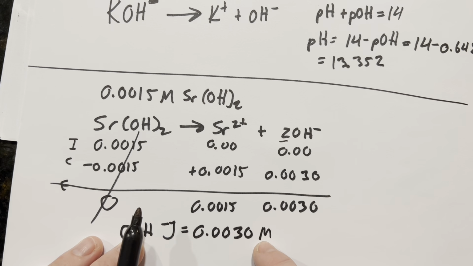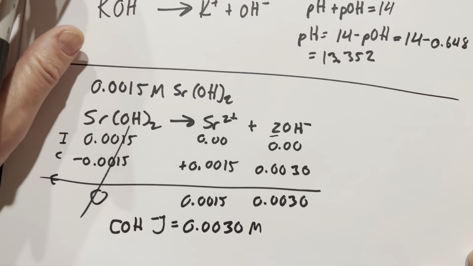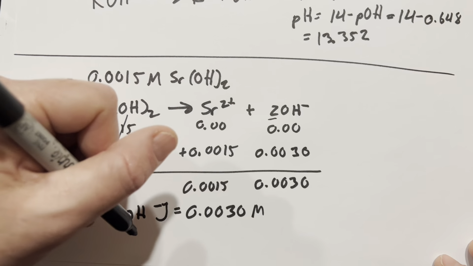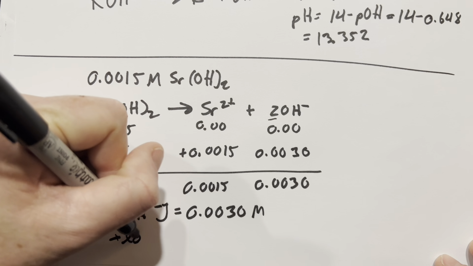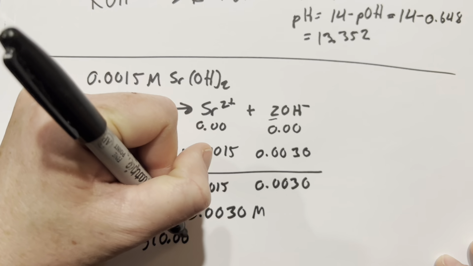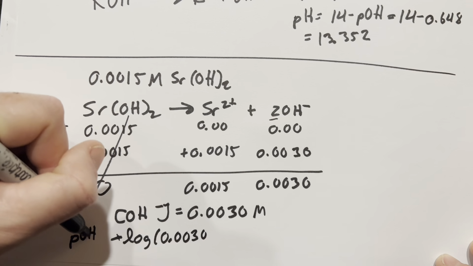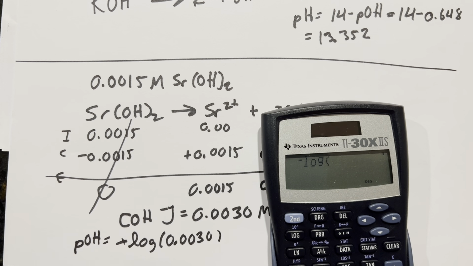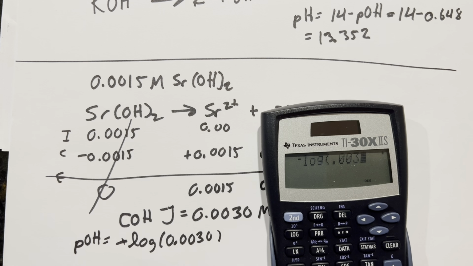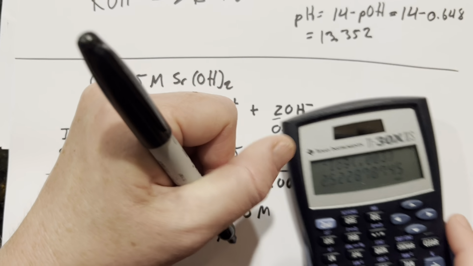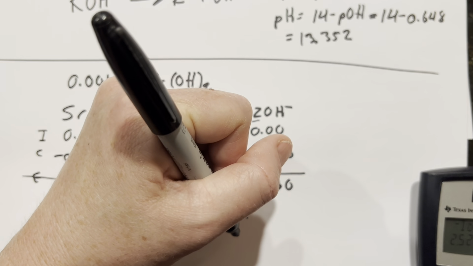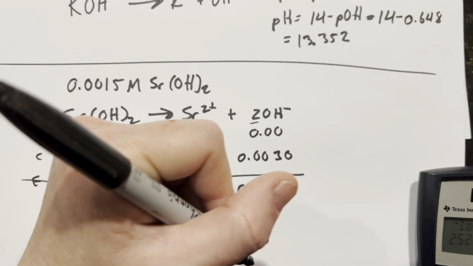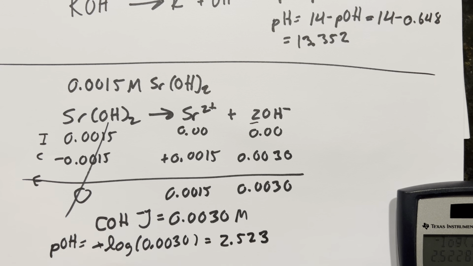So from there, now we can solve for the pH, which is what the question asked. This is our OH minus concentration. Now we can find the pH. Remember, I like to say negative log of 0.0030. That's going to be our pOH, and that comes out to 2.523.